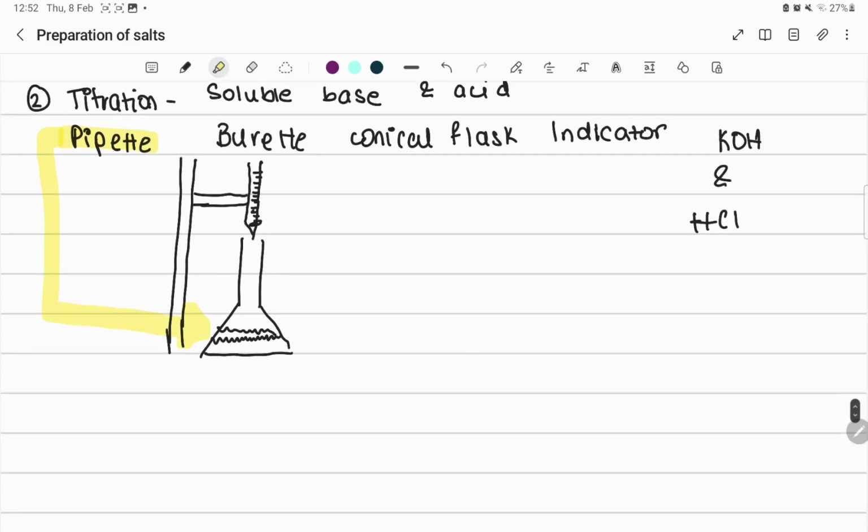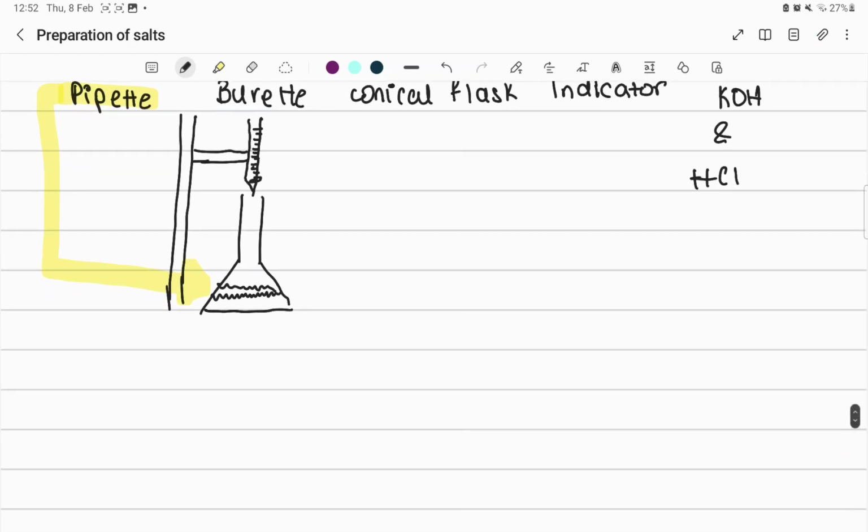For your ATP, they do ask sometimes in different experiments, why are you using a pipette over a burette? That's because a pipette is more accurate than the burette. Or they might ask you, why would you use a pipette? And that's because it has great accuracy, so very accurate.